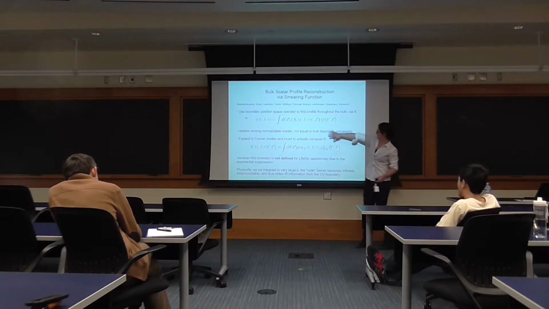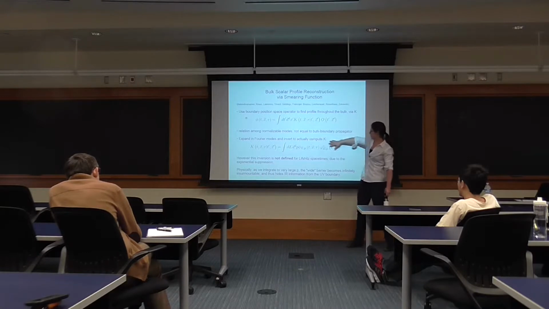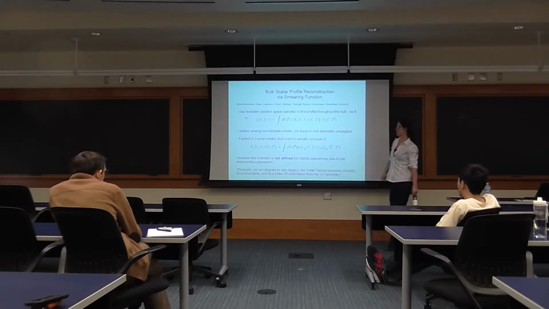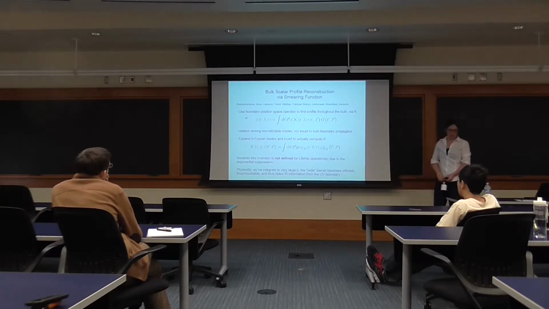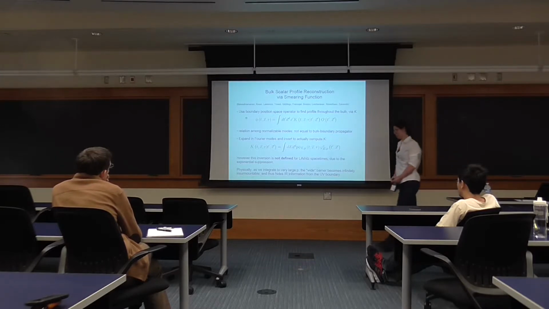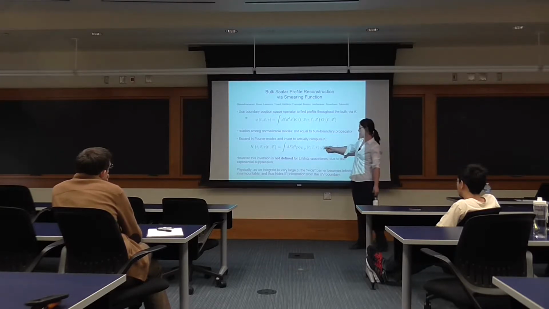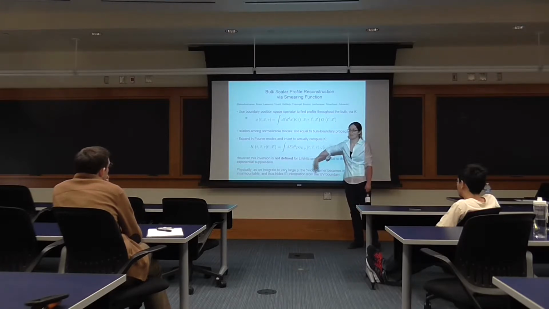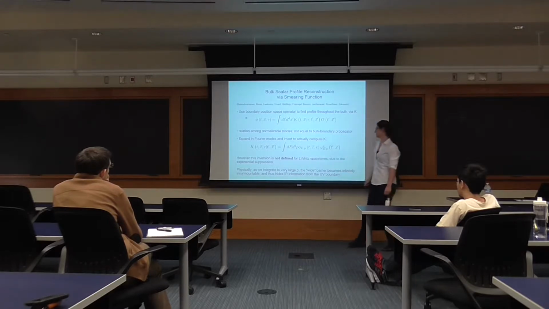Okay, so I can expand this in Fourier modes and then just invert the transform and compute what k should be. Now it turns out when you're trying to do the inverse Fourier transform here, that isn't defined if you have some exponential suppression. So it isn't defined for these spacetimes.